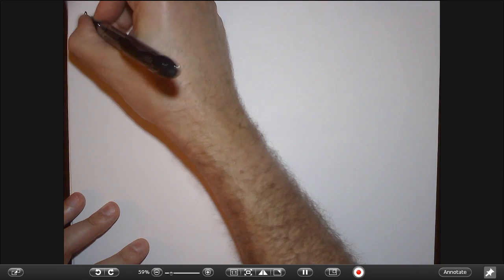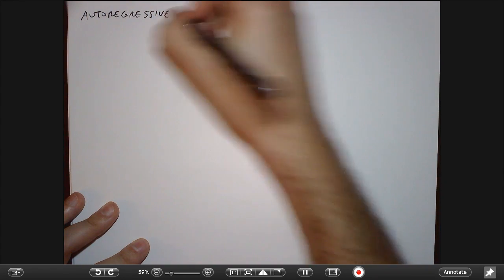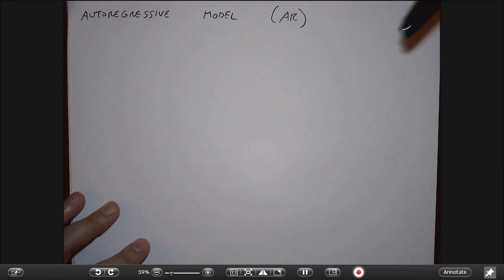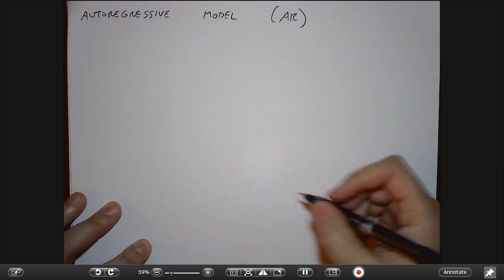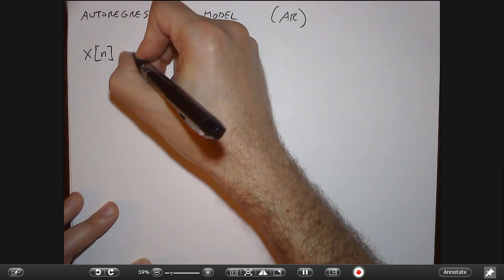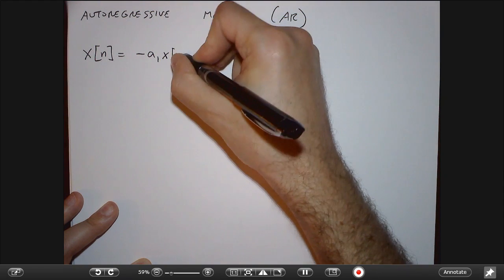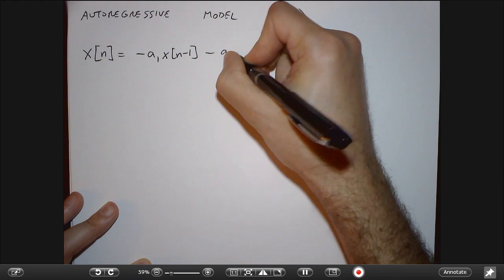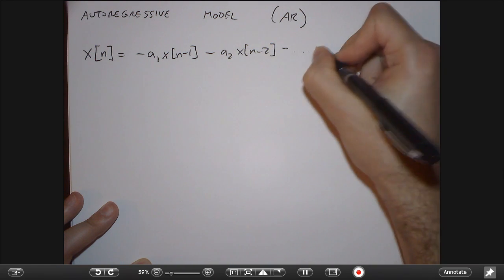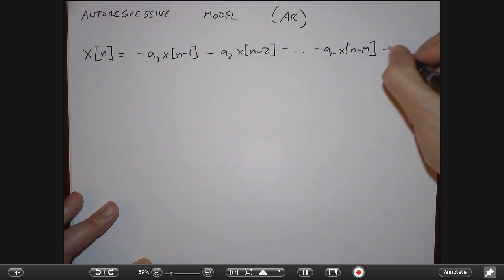That's called AR. The reason this is more intuitive is that, in this case, what I'm saying is that my xn is equal to a bunch of previous combinations of the signal plus some noise, right?